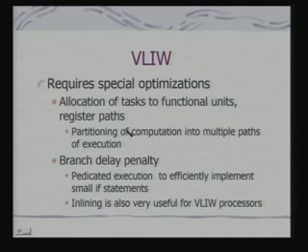So, the compiler's task is to allocate individual computational jobs to functional units as well as to the corresponding register paths, because if you remember the VLIW architecture, registers are linked to various functional units, and there are different kinds of register organizations adopted by VLIW processors for connecting the registers to the functional units.